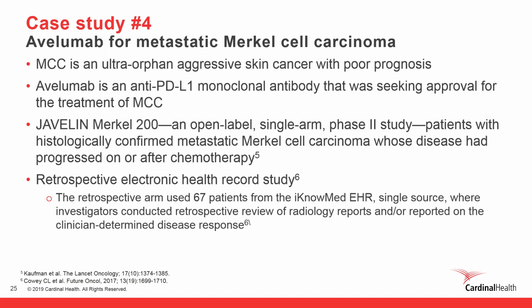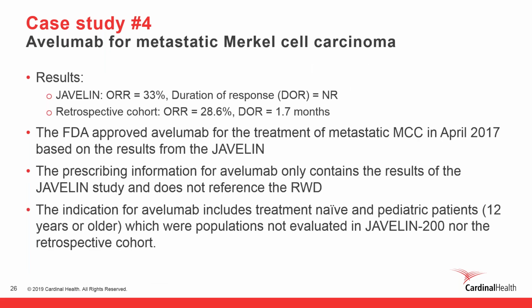So let's just talk briefly about the results and then get into the questions. But in the results of the Javelin trial, the objective response rate, or ORR, was 33%. In the retrospective cohort, again, of 14 patients, it was 28.6%. So the FDA has approved Avelumab for the treatment of metastatic Merkel cell.